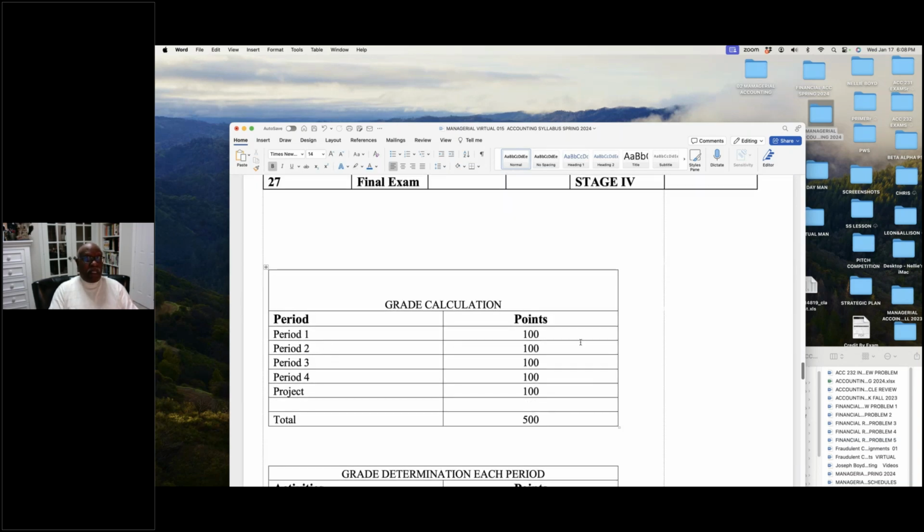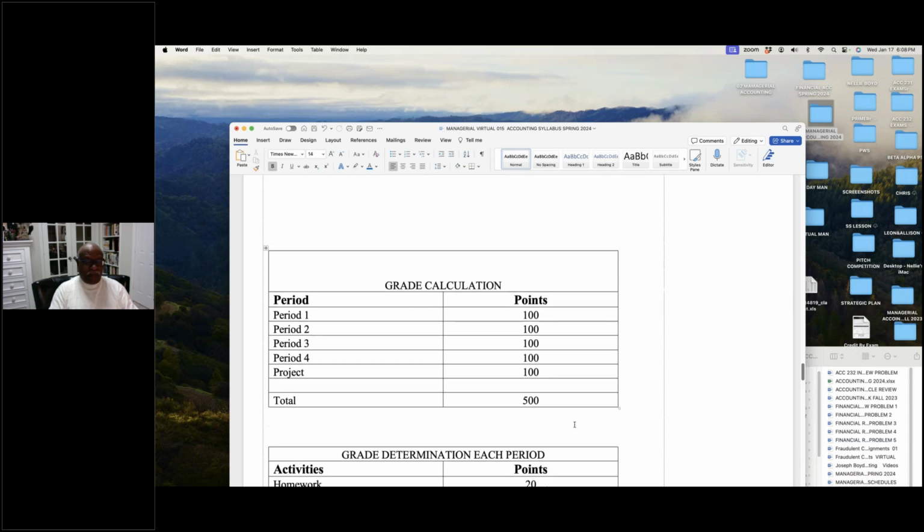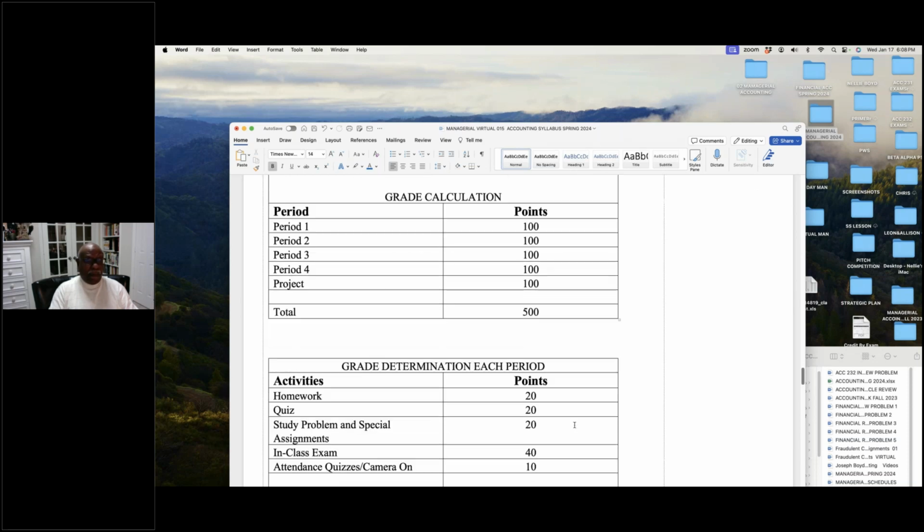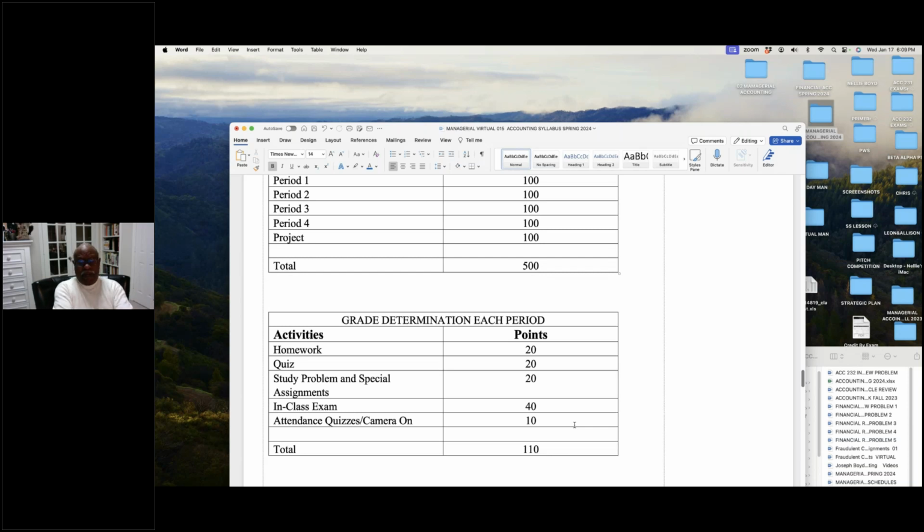Period 1 is 100 points, period 2 is 200 points, period 3 is 300 points, period 4 is 400 points, and then there's a special project that we work on as a team that's 100 points. So our total points are 500. How do we determine the grade for each period? Homework is 20 points. Your quizzes are 20 points. Study problems and special assignments are 20. In-class exam, 40.